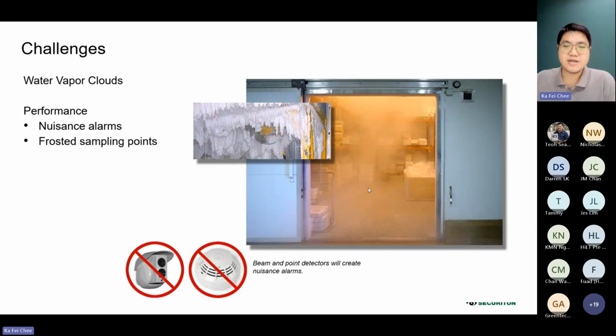This is due to the water vapor cooling to a very low temperature and forming into a fog. So this water vapor cloud will create nuisance alarms and freeze up all the sampling points in this kind of area. So beam and point detectors will not be suitable in this kind of environment.